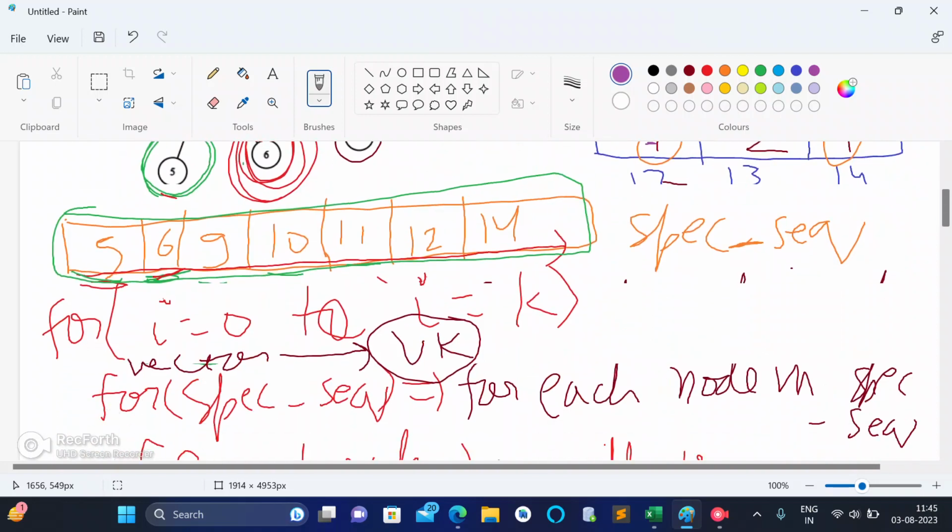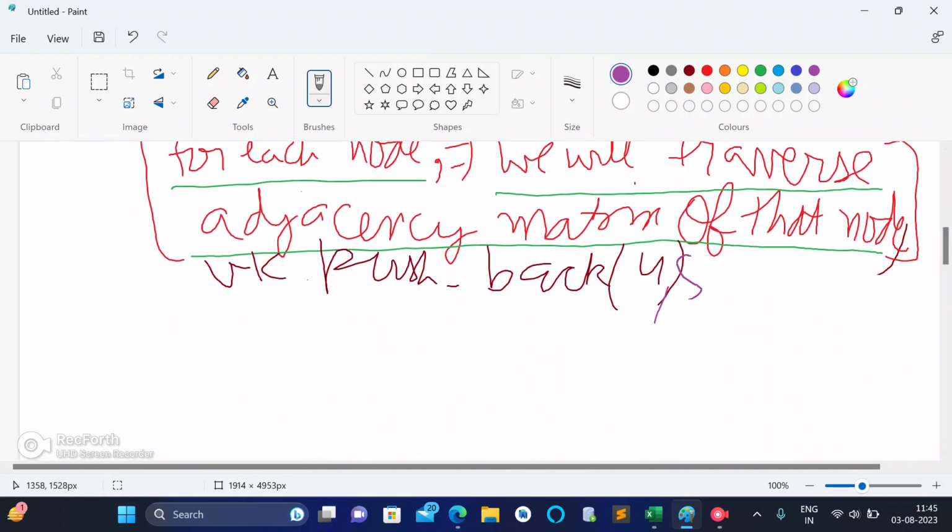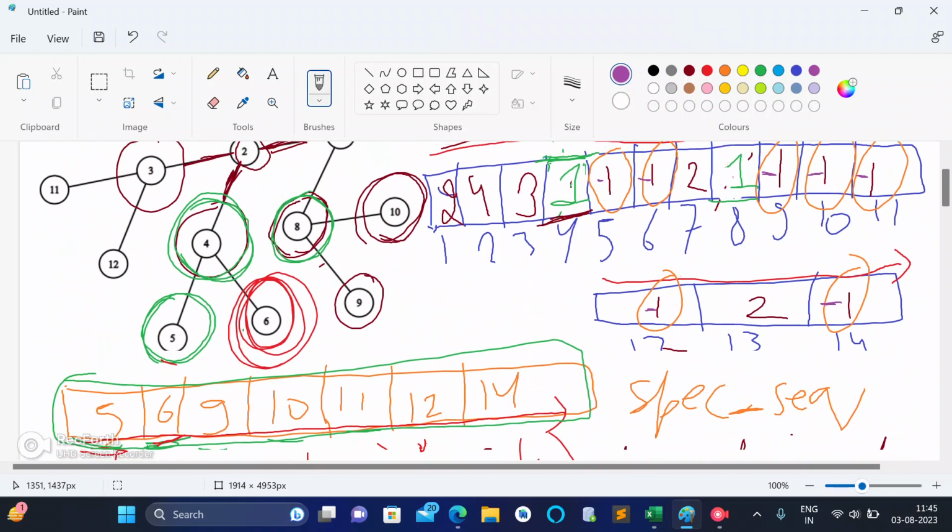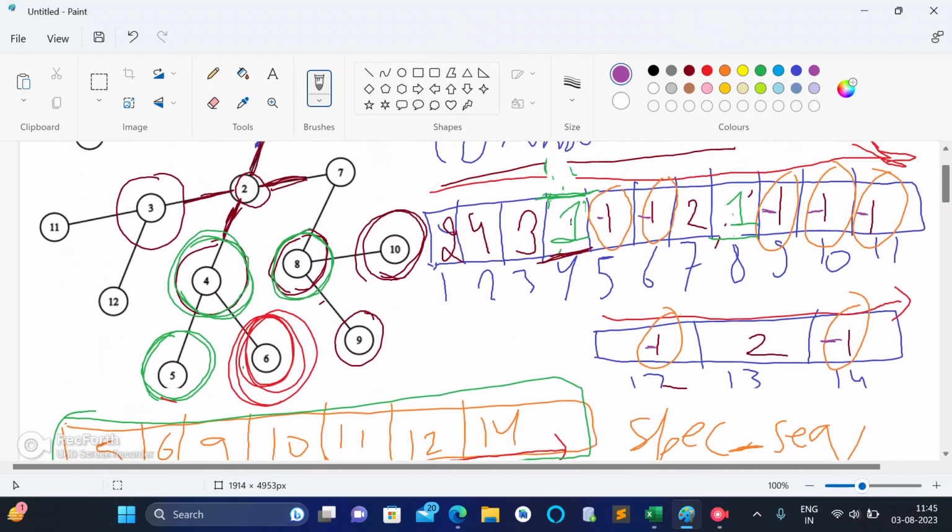So let's move further. Now as we can see, the 8 has the number of connections as 1, therefore 8 also becomes our leaf node. So we also push back 8.